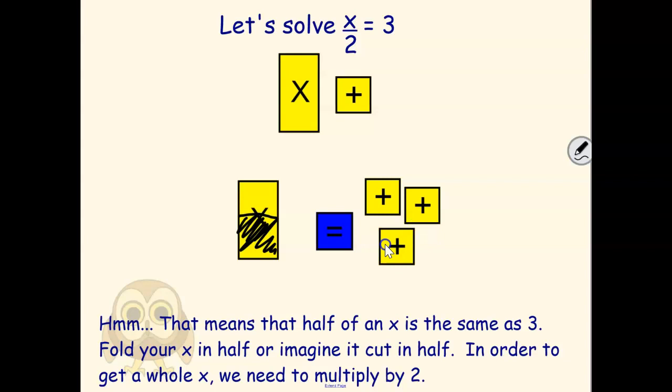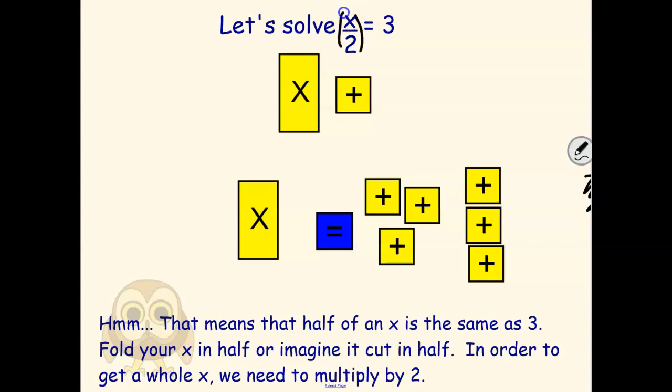So what if I want to find out what x is all by itself? Well, let's make it a whole x again. I made it twice as big on that side, so I'm going to make it twice as big on the other side. So I got rid of that dividing by 2 by multiplying by 2. And whatever I did on one side, I'm going to do on the other to keep it balanced. And now I see that x equals 6.